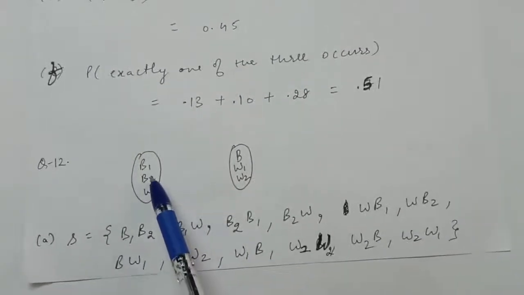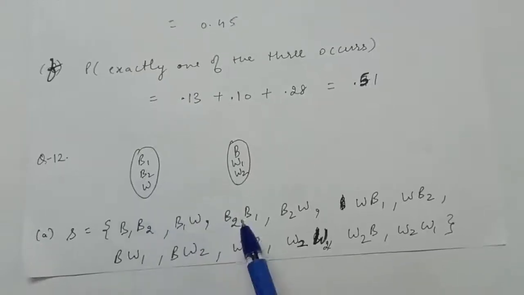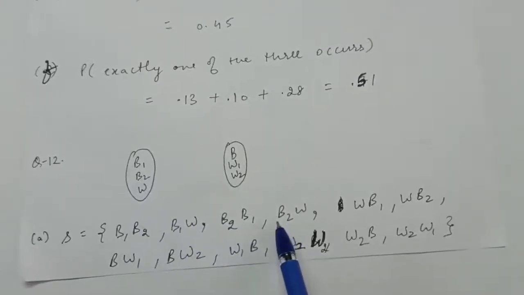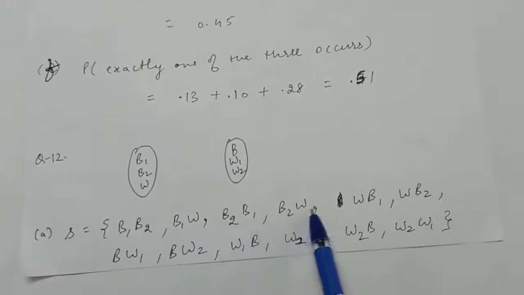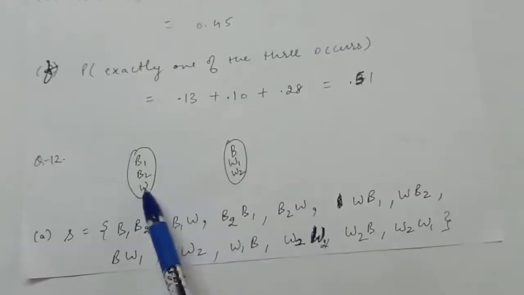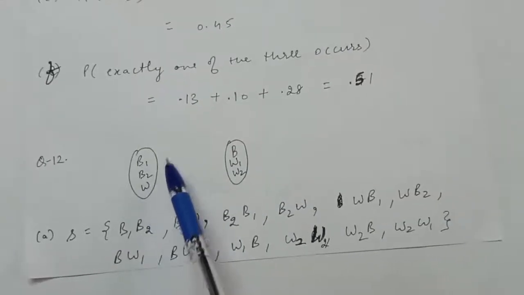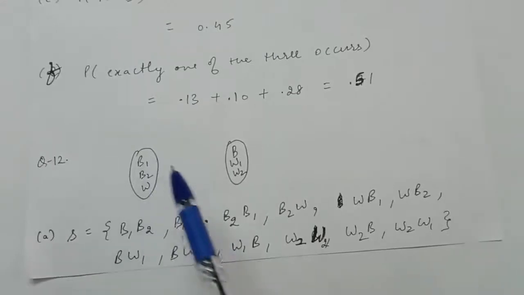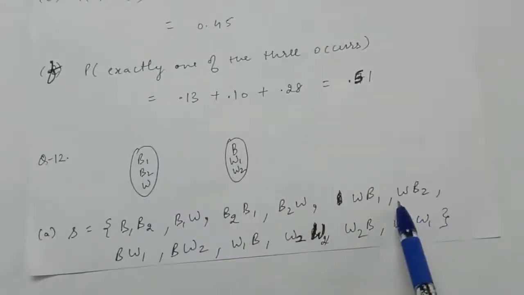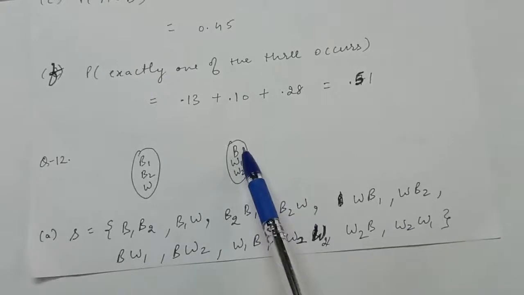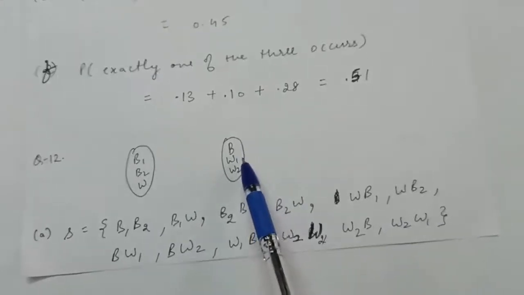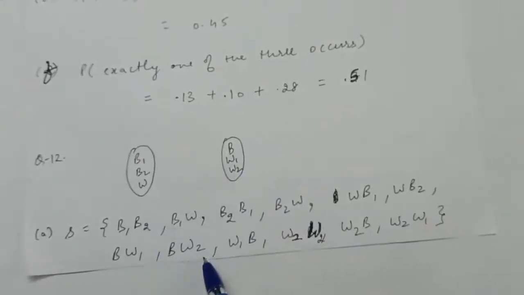Now suppose if the first ball drawn is B2, then the next ball can be either B1 or W, and if the first ball drawn is W, then the second ball is either B1 or B2. Similarly for this, if the first ball is B, then the second ball is either W1 or W2.